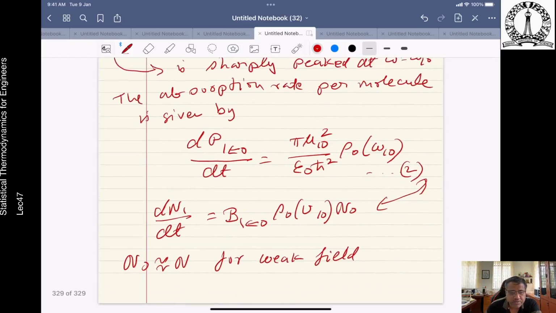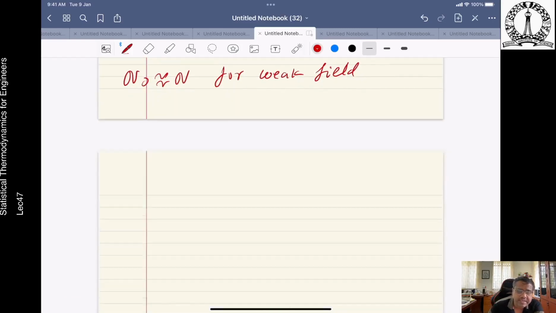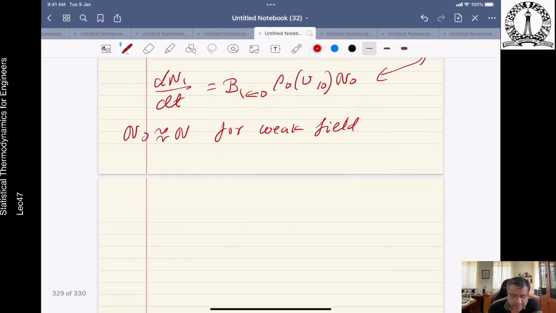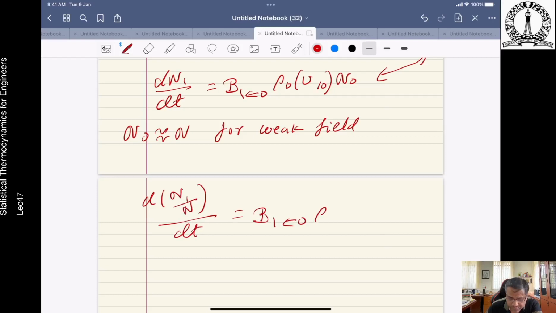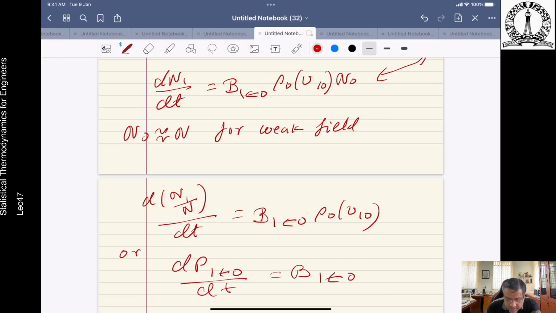Dividing by n gives the transition probability per molecule. So dn1 by n dt is equal to E10 rho v, or dp10 divided by dt is equal to E10 rho v.